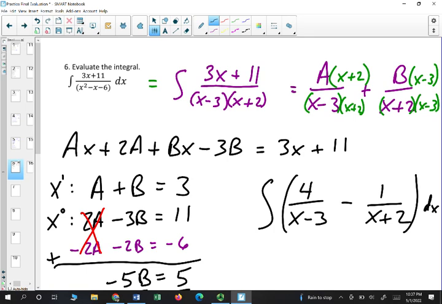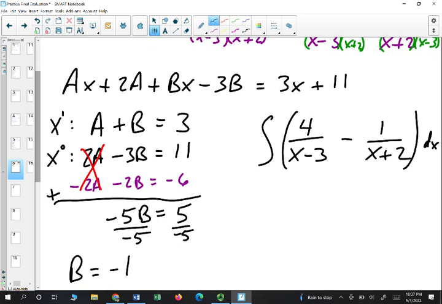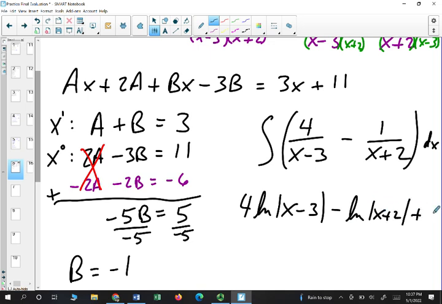So this is what we end up with. And that means we could easily integrate here. These would both be ln's. So we have 4 ln of x minus 3 minus ln of x plus 2 plus C.